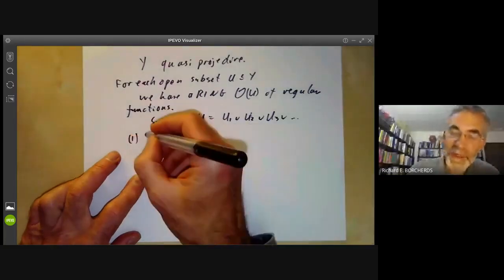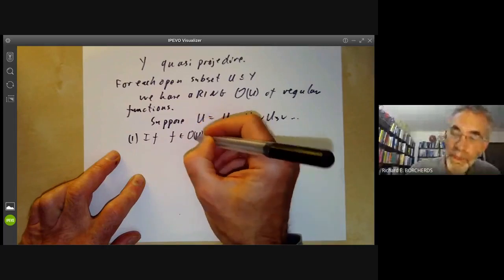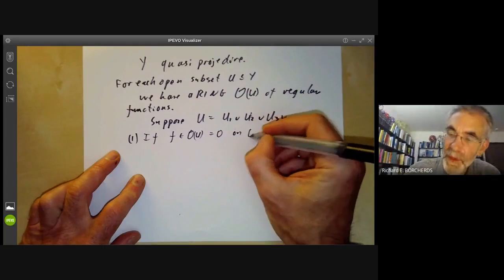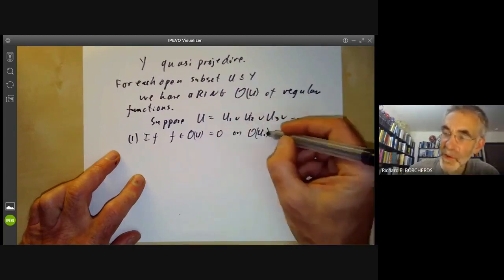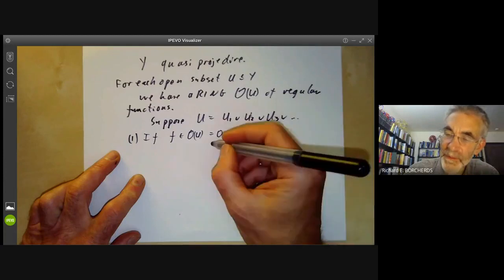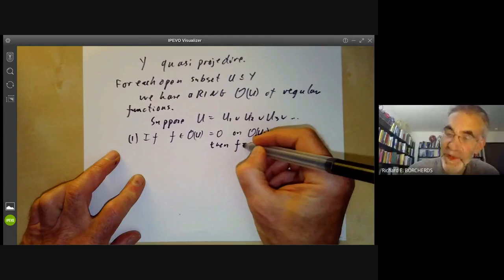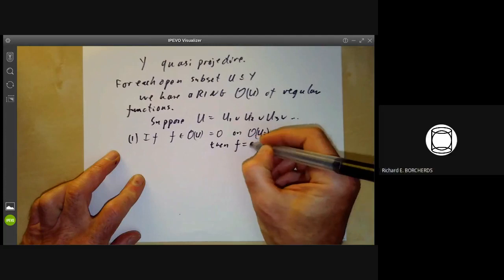First of all, if a function f on U is equal to 0 on O of Ui, where we can just restrict it for all i, then f is 0. In other words, if a function is 0 restricted to all the sets Ui, then it's 0.